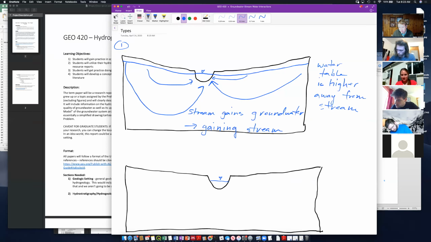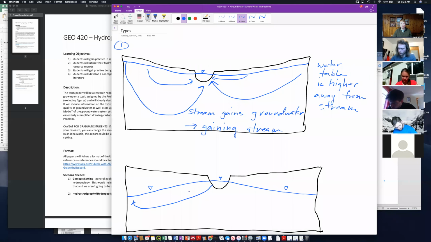Now this time, the water table slopes down away from our stream. All right, and again, water flows from high potential to low potential. So now water is flowing from the stream out into our groundwater system.